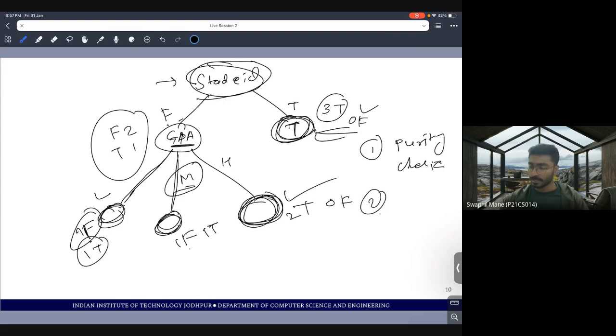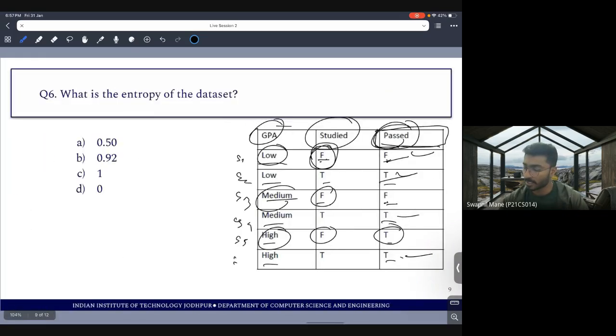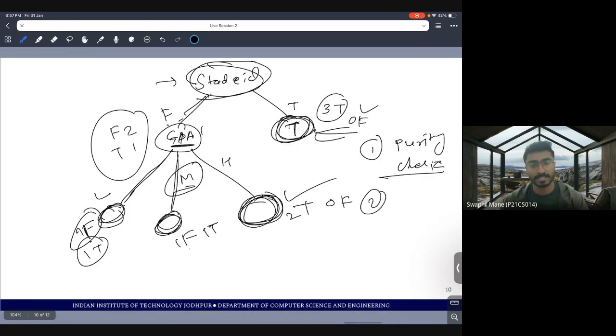Another is, after the purity check, we have to decide which attribute we need to consider first as the root node to be split. So do we need to take GPA first, or studied first, right? There might be multiple attributes. Suppose here the only attributes are GPA and studied, but in many applications there are multiple attributes, 1 to 10, right?